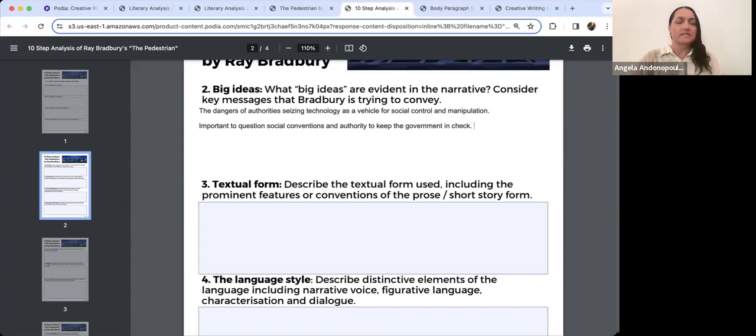Yeah, absolutely. And this is exactly what Bradbury and Orwell are both doing. They're questioning these social constructs and these forms of authority that are a threat to human freedom, exposing threats to human freedoms and also human nature.